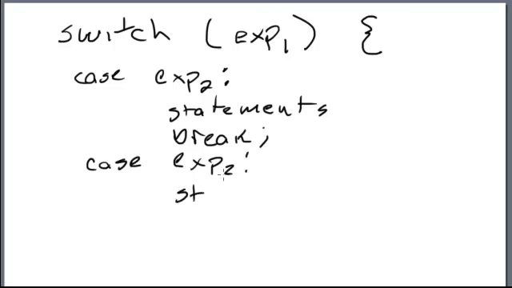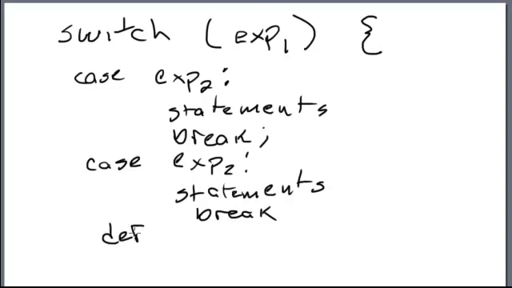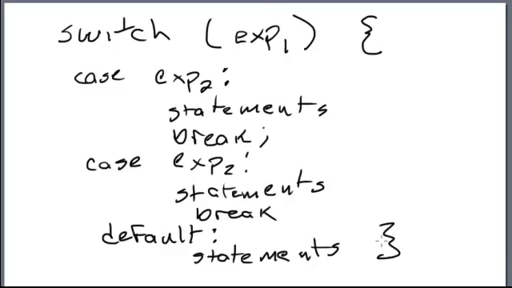You can have as many case statements as you want, and then break, and then we'll have a default. The default is optional. You don't have to have a default statement. The default can go anywhere, but we'll talk about that in a second. And then we'll have a closing brace.